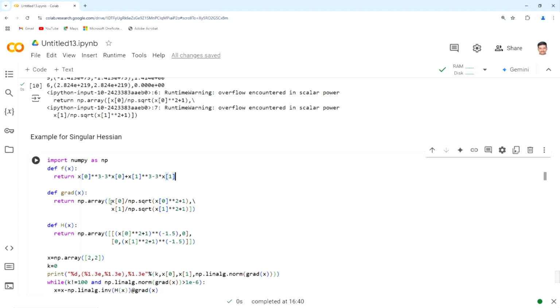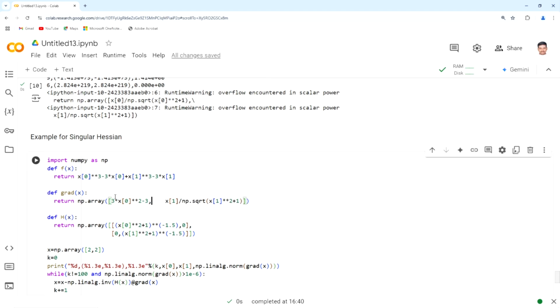So, the gradient is 3 into x naught squared minus 3 and 3 into x1 squared minus 3.